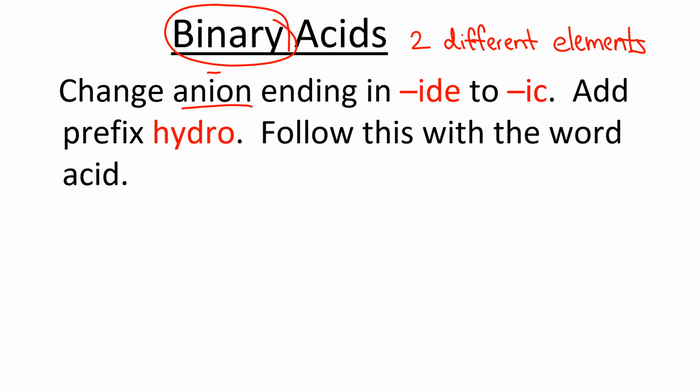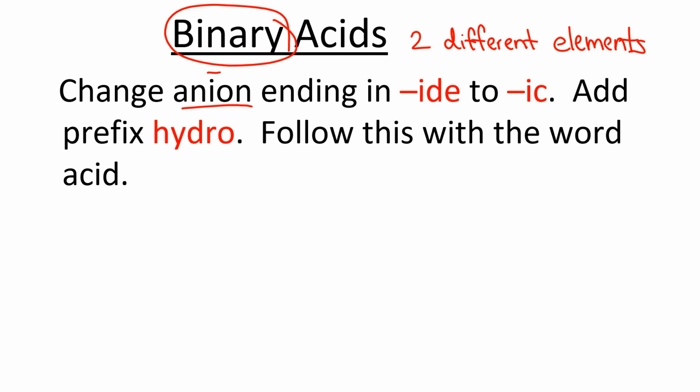So when we're looking at a binary acid, we're going to change the anion ending from IDE to IC. And then we will add the prefix hydro to the front, which hydro is going to represent the hydrogen.